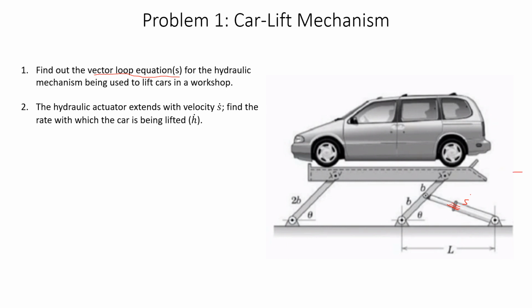That is going to correspond to this velocity h dot. And once we have found the generic expressions for those, we're going to determine for some specific values. For example, when s dot is 1 meter per second, or in other words, the hydraulic actuator is being extended with a velocity of 1 meter per second.